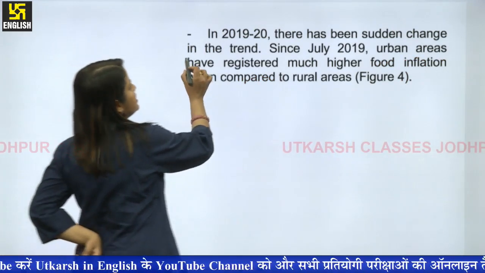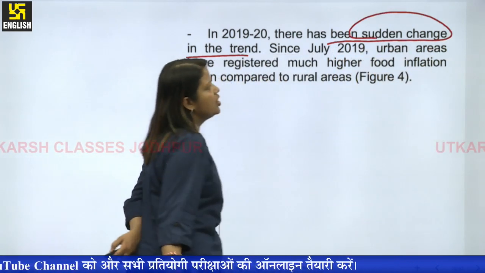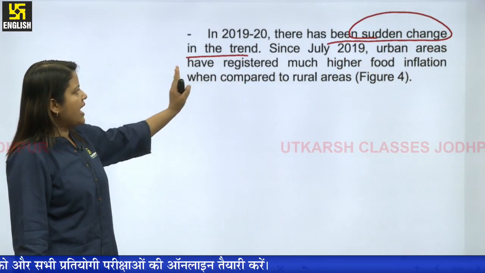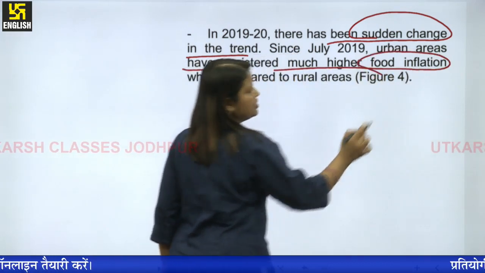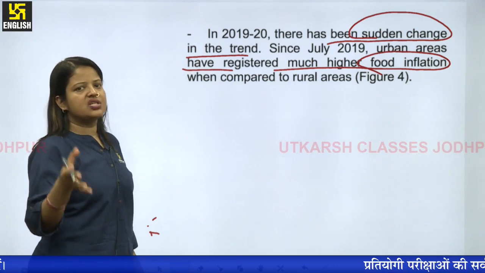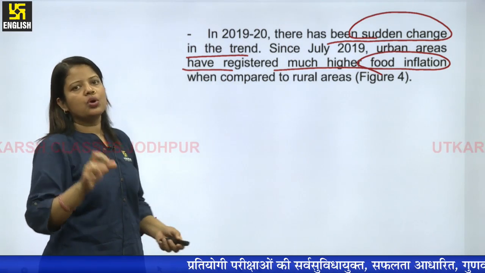So there has been a sudden change in the trend. From July 2019, the urban area has registered much higher food inflation when compared to rural areas.